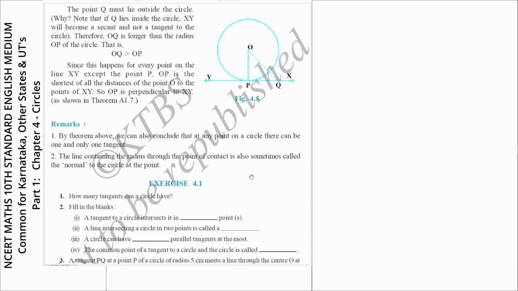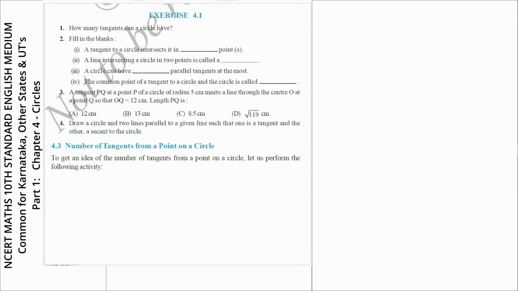Next we'll solve some problems. Exercise 4.1. First question, how many tangents can a circle have? It can have an infinite number of tangents. See, in a circle you can draw a tangent at this point, at this point, at this point.